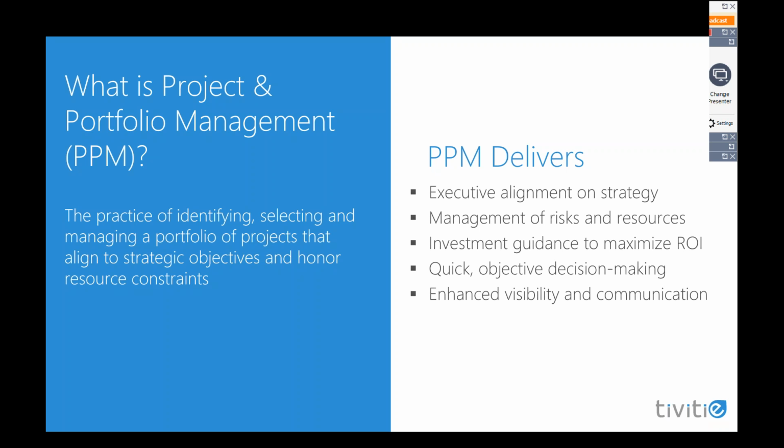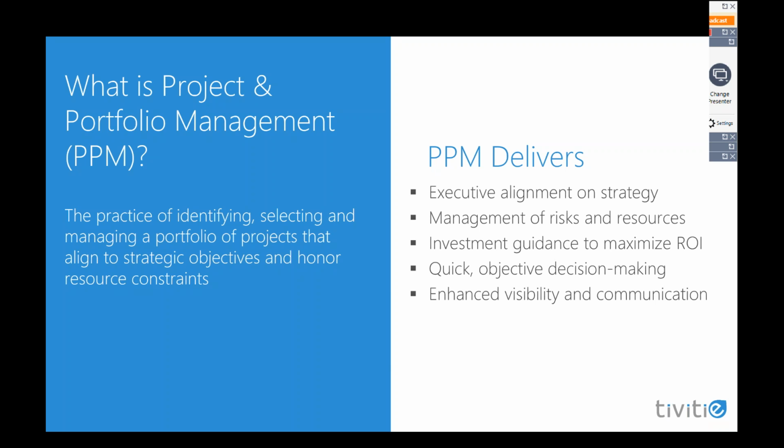So in essence, we're picking the projects that we're going to deliver in a PPM environment. And that includes executive alignment on strategy to make sure that what we're doing aligns with where the organization is going as a whole, management of risks and resources to factor into our decision-making process, investment guidance on things like return on investment and internal rates of return, and also just quick objective decision-making. What are the parameters that we need as a company? What's important to us to help us determine between a bunch of alternatives which are the right ones for us to work on?